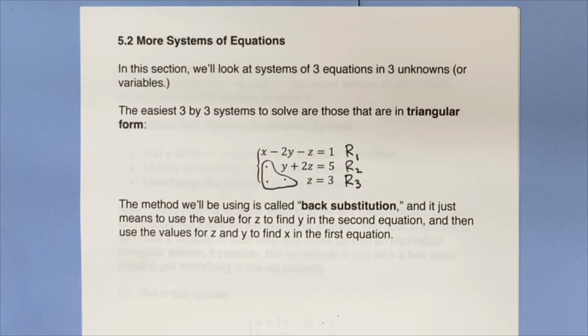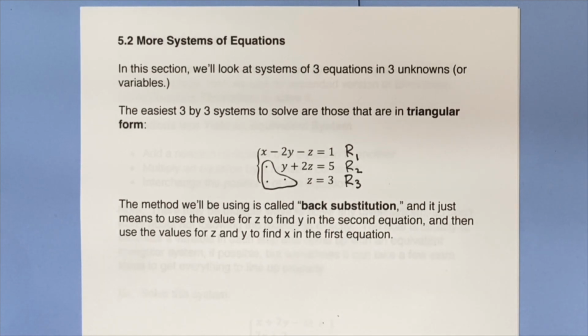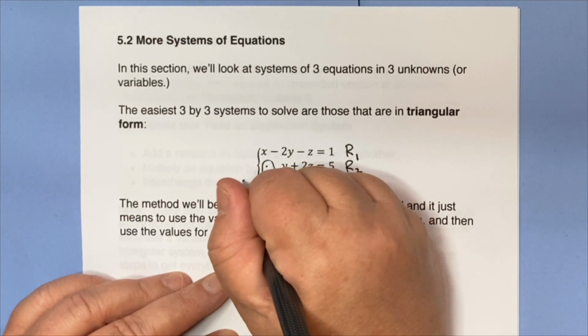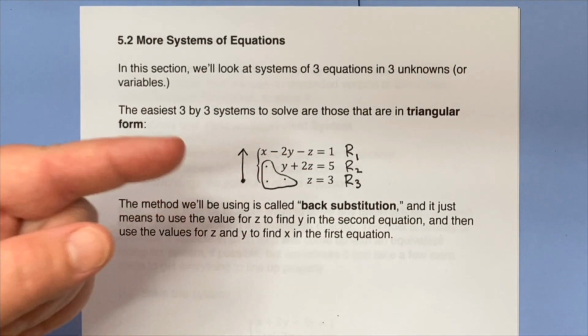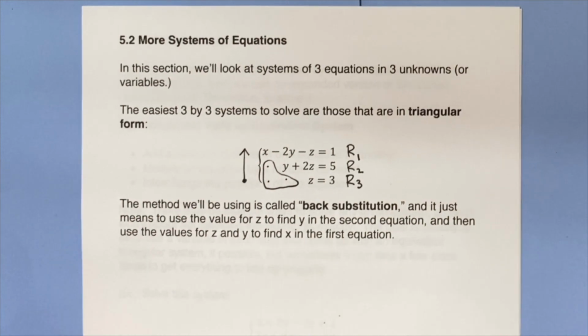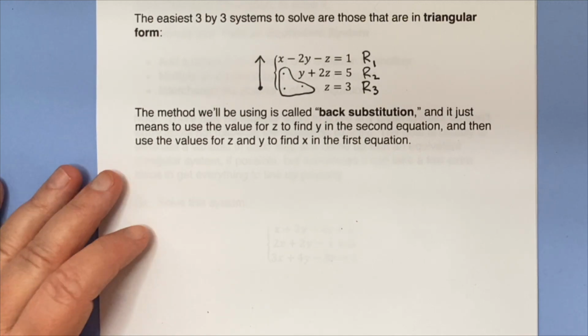If you are lucky enough to stumble upon a 3 by 3 system that's in triangular form, then you can use a fairly simple process called back substitution. What we're going to do is start at the end and make our way up, so we're going backwards. And we're going to use substitution, which we were playing with a couple of videos ago.